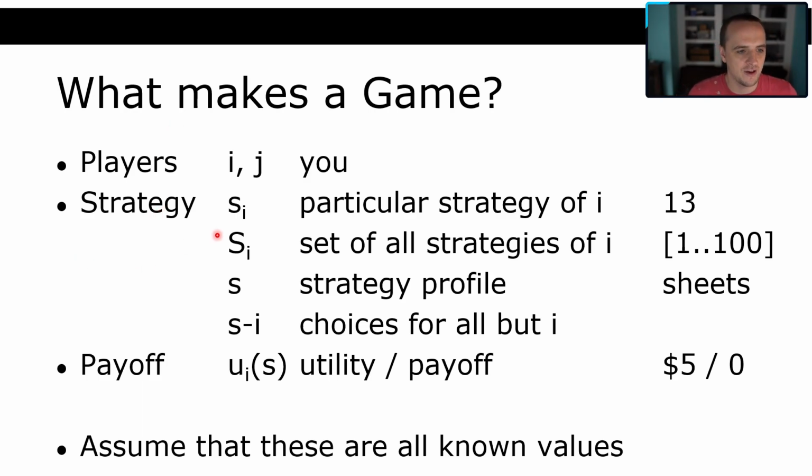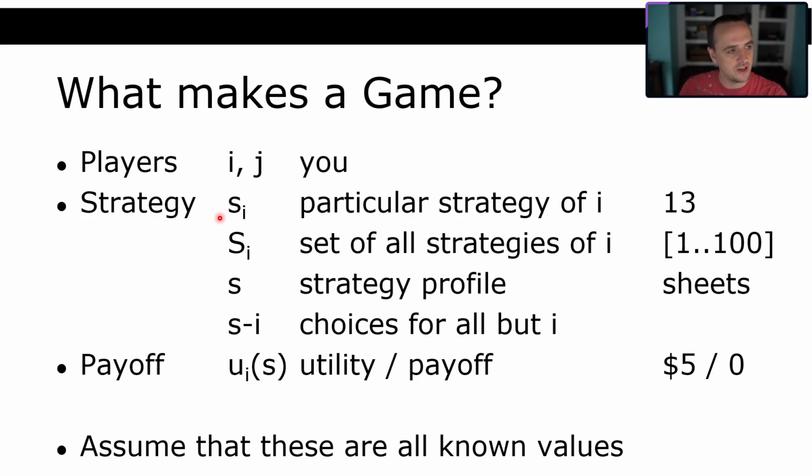We're going to have a strategy, S_I, and so that's a particular strategy. So if we are looking at this example from the point of view of the numbers game, the one we played, that form that I sent out, picking a number between 1 and 100, a strategy would be a particular strategy of player I. That's S_I.